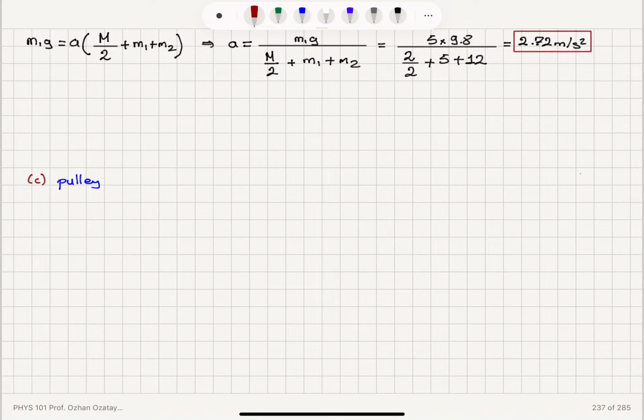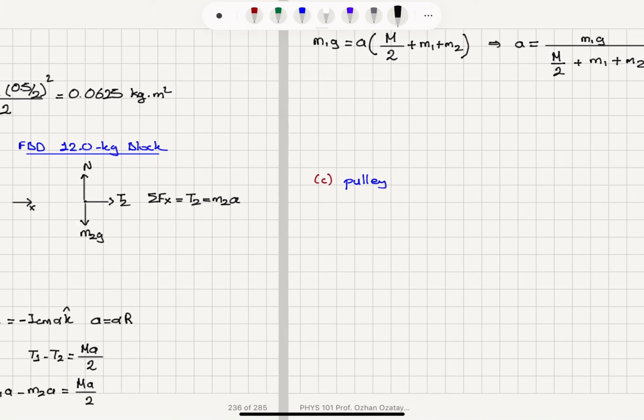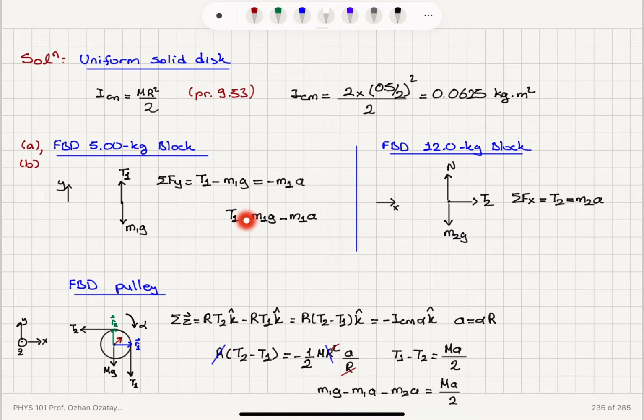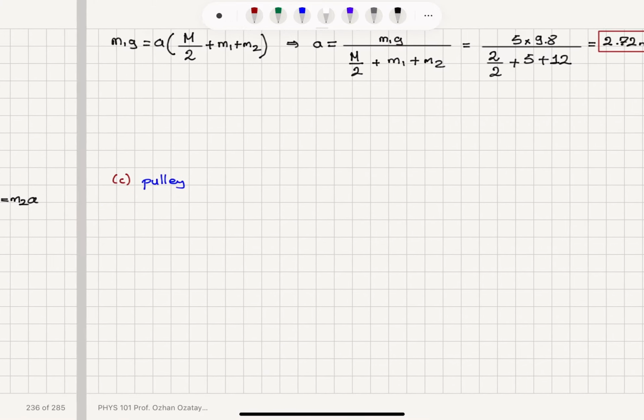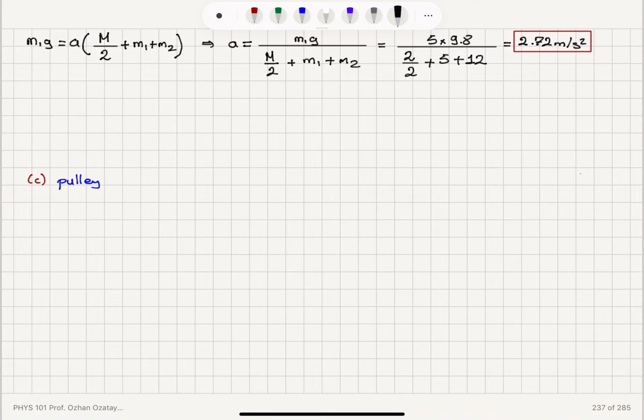So that's the acceleration, and to find tension we have to substitute this result into this equation and this equation. So tension on the first wire, T1, is M1G minus M1A.